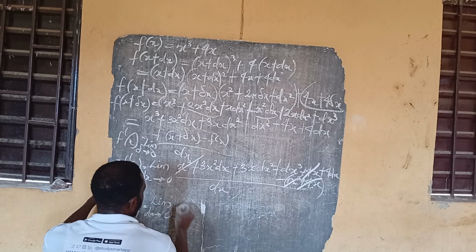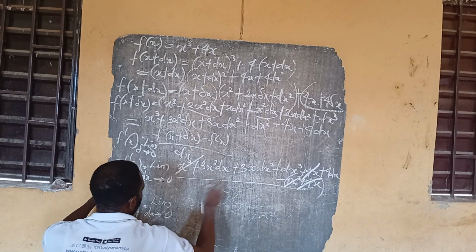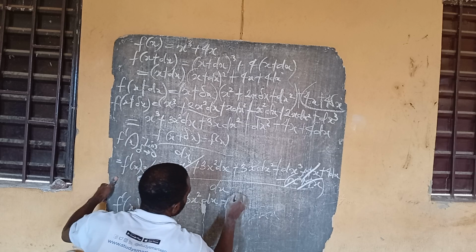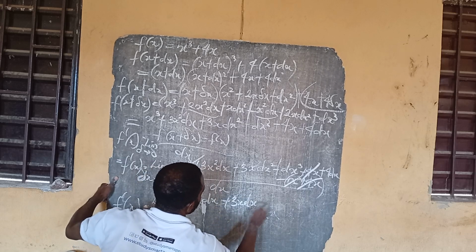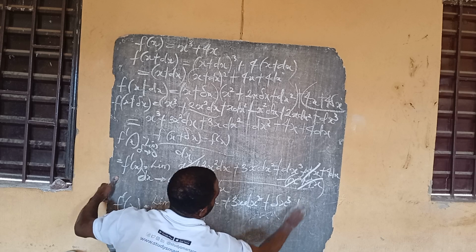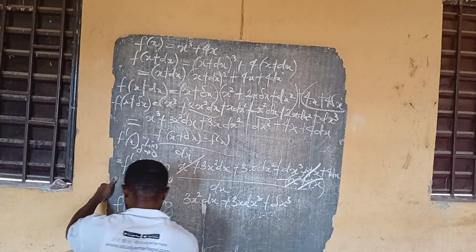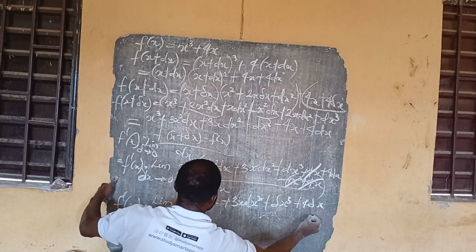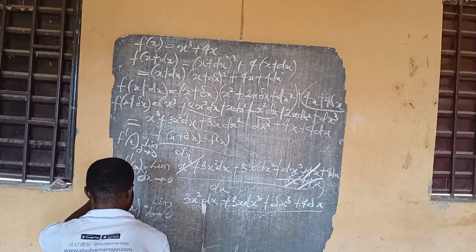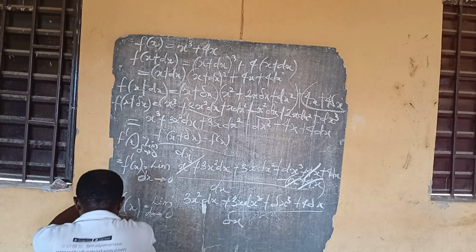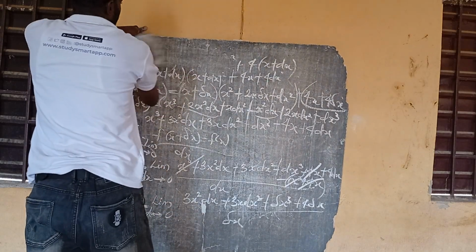Okay, so let's already advance. This will become the limit of 3x squared dx plus 3x dx squared plus dx cubed plus 4 dx, all over dx.